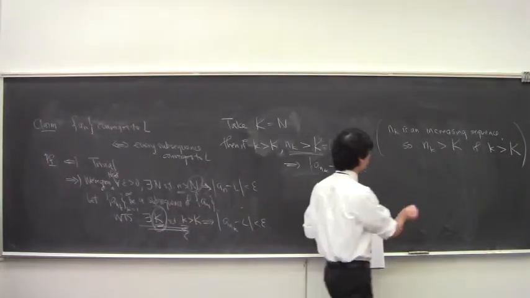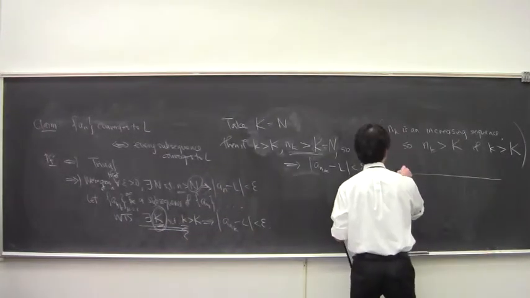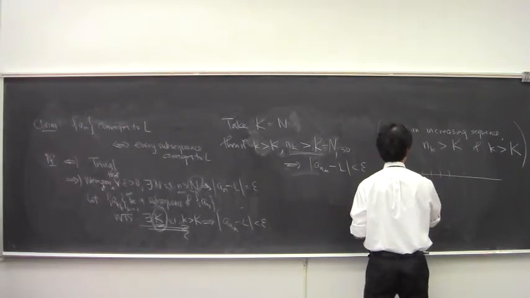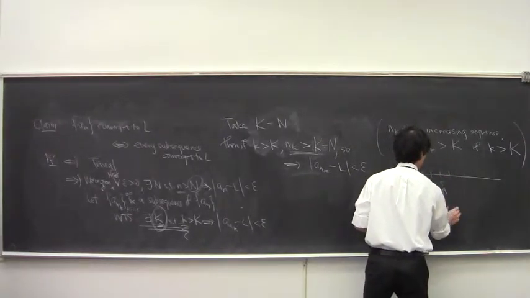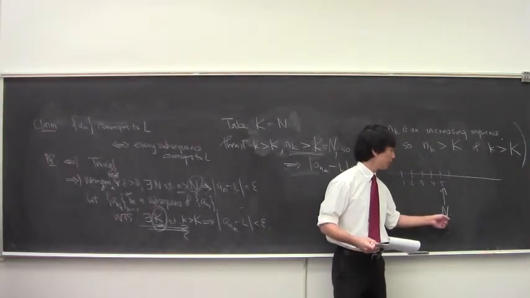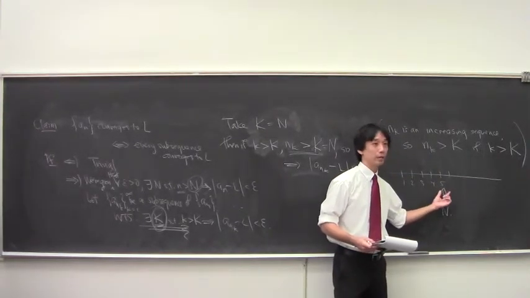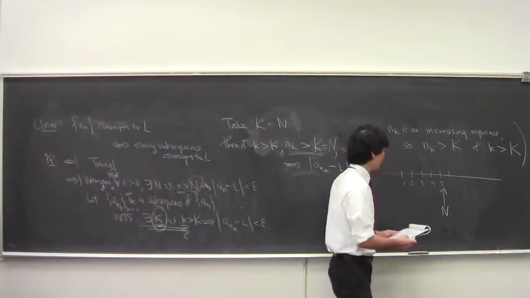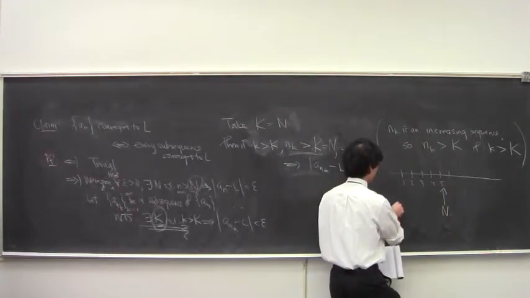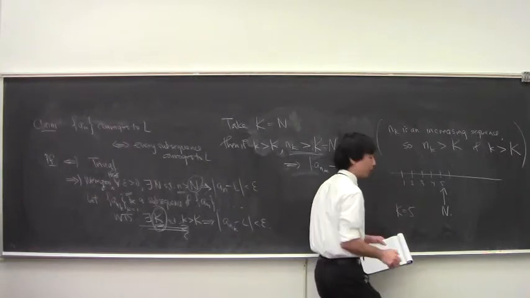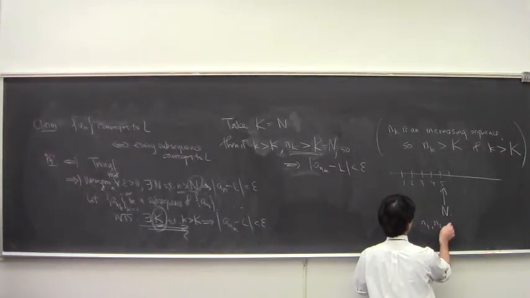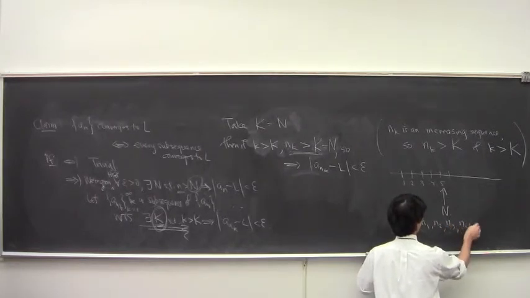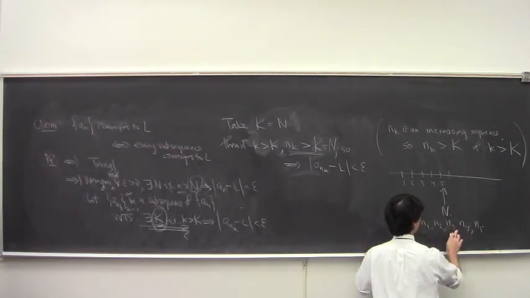Do you guys see what Raleigh is saying? Suppose the good time that you want to be past is time 5, right? Well, if you take k to be 5, then you know that you've got n1, n2, n3, n4, n5, and that they're increasing, right?